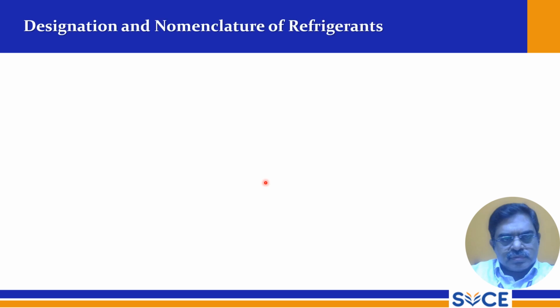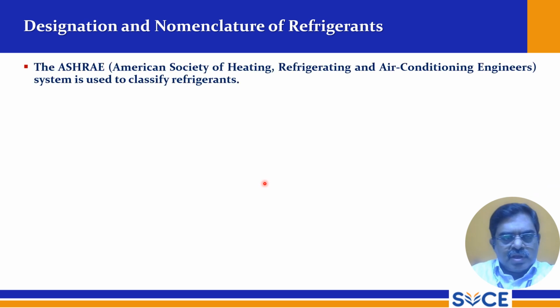So designation and nomenclature of refrigerants. Designation or nomenclature is another important aspect in refrigerants. We have to consider this while selecting the refrigerants. ASHRAE is the American Society of Heating, Refrigerating and Air Conditioning Engineers.